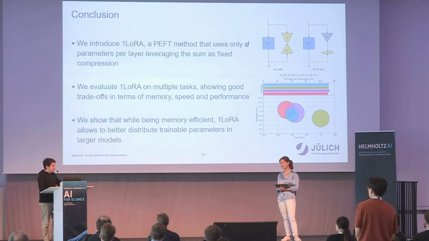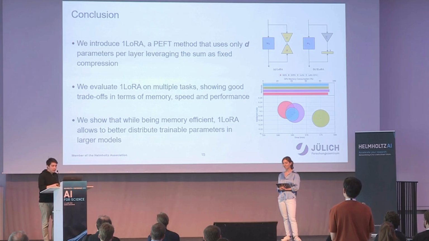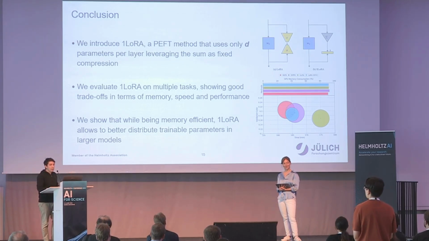LoRA with rank 1 uses double the number of parameters basically. The weights in the compression vectors are still learned. So this is basically an approximation. Using the sum basically doesn't require learning parameters in the compression. Okay, I see. Thank you.